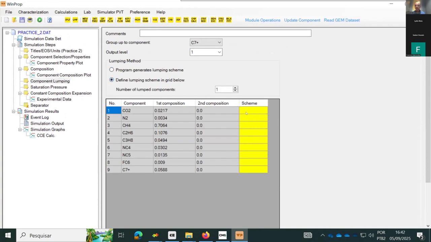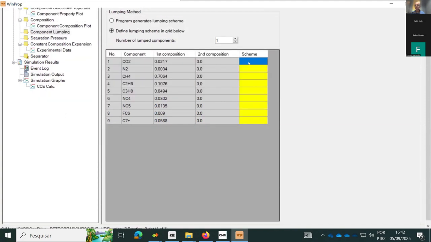For example, let's keep CO2 as a separate component. Let's assume that this is a gas depleted reservoir, and I intend to inject CO2 for storage in this reservoir, as part of my plan to increase the amount of CO2 in the porous media.